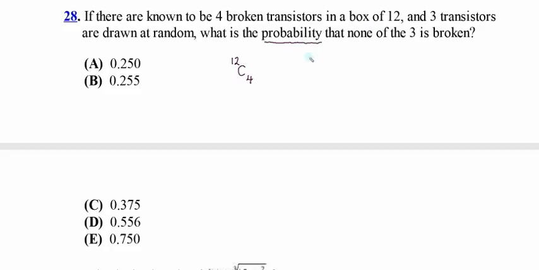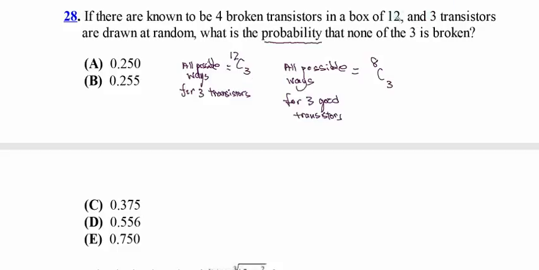Now let's look at the requirement: the probability that none of them is broken, and you're supposed to pick 3. Sorry, the earlier one was a mistake.